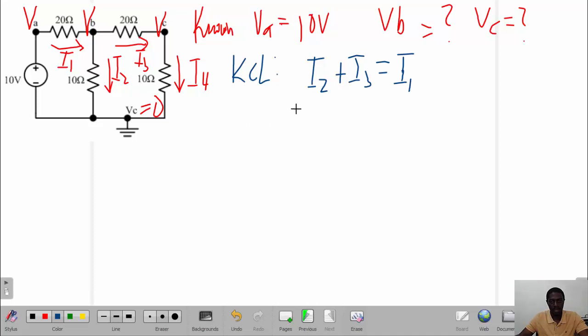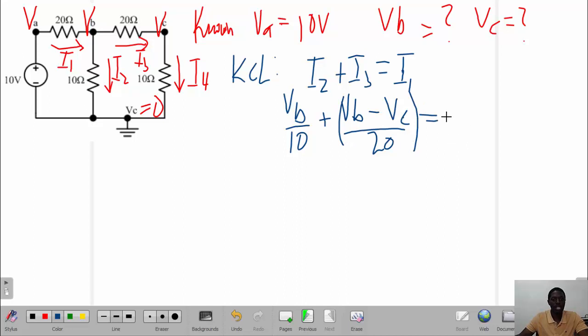So I2 is VB over 10 plus we've got I3, which is VB minus VC over the resistance, which is 20. This, and mind you, take that in brackets, must be able to give us our current I1, which is VA. Now we know VA is 10, so it is 10 minus VB over the resistance, which is 20 in this case.